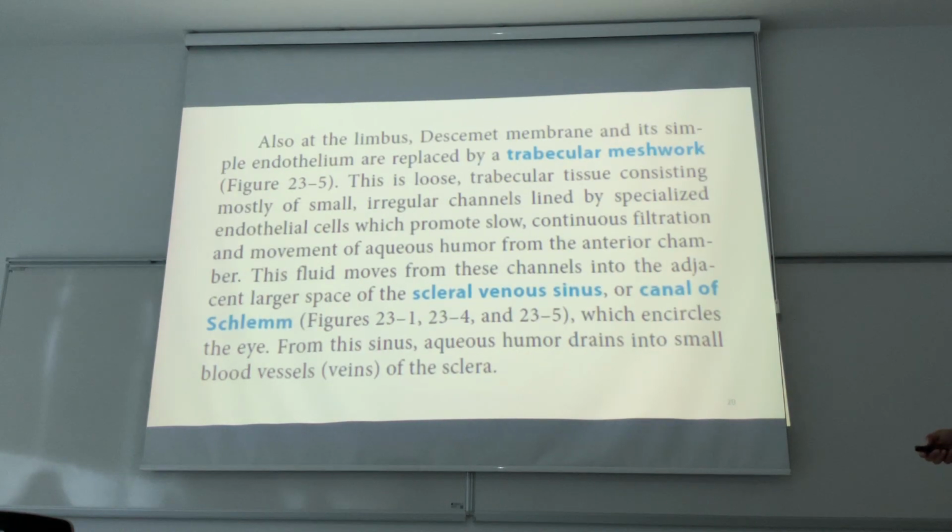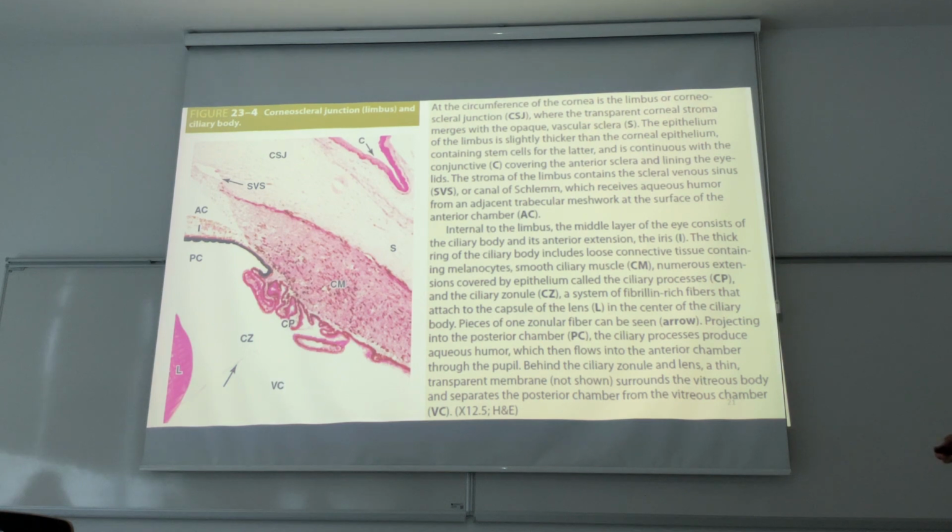We talked about the limbus and the canal of Schlemm. Okay. Look at here. This part is our limbus area, the conjunctiva. This part is our eyelashes, eyelid. And here is our conjunctiva, which continues with the cornea. This part is our connective tissue.